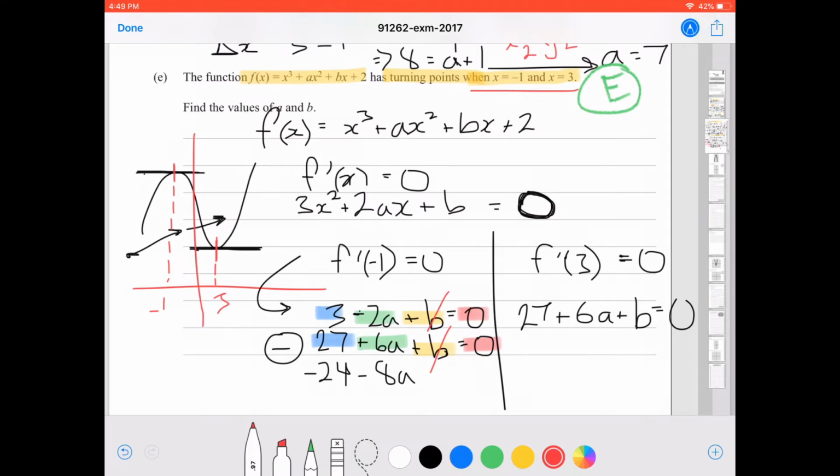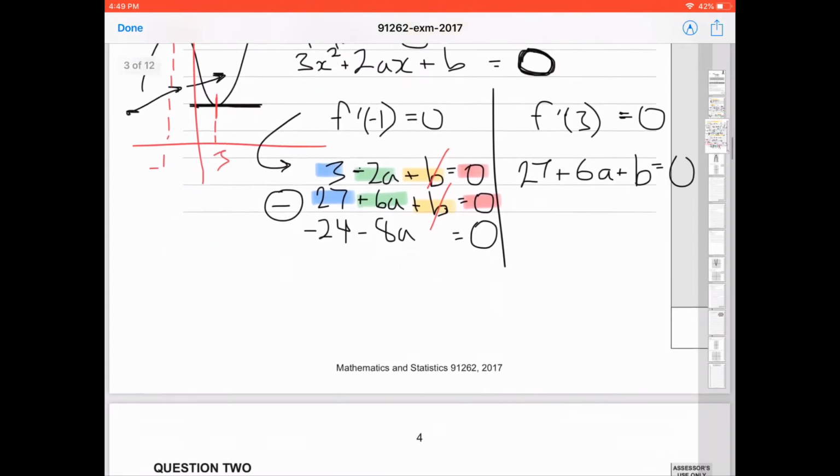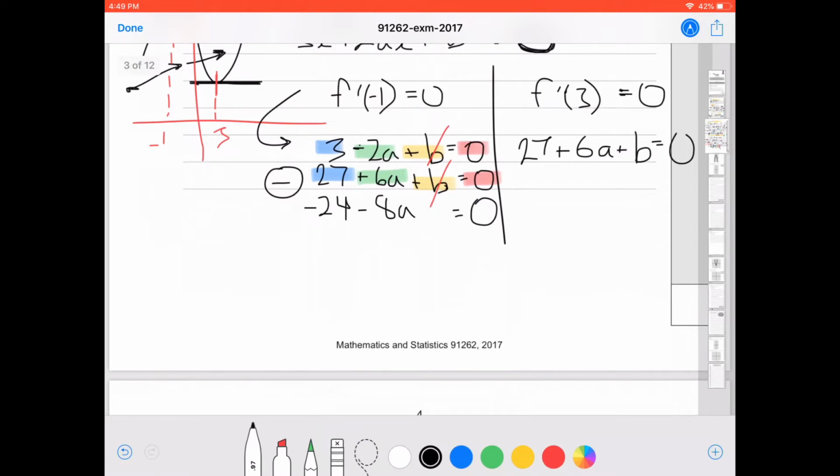Obviously your b's cancel out, right? And this equals 0. And so here we are going to solve for a. We can say 24 equals 8a. Sorry, that's minus 24. And therefore a equals minus 24 over 8, so it equals minus 3. Okay, so we've got a.